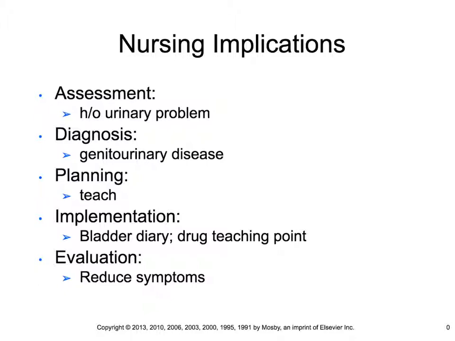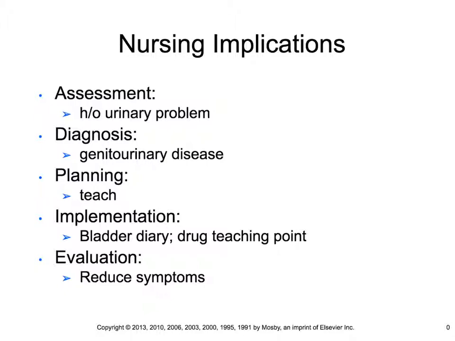So nursing implications: we're going to learn the history of the urinary problem the patient may have. We're going to find out if there is a diagnosis related to genitourinary disease. Teach the patient how to care for the disease.